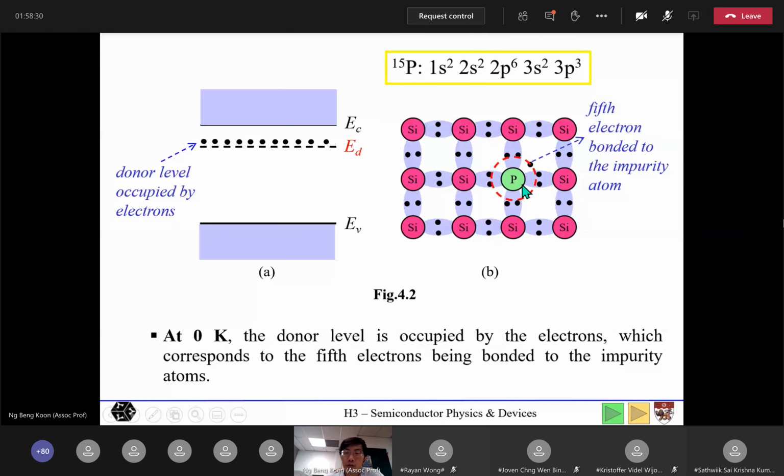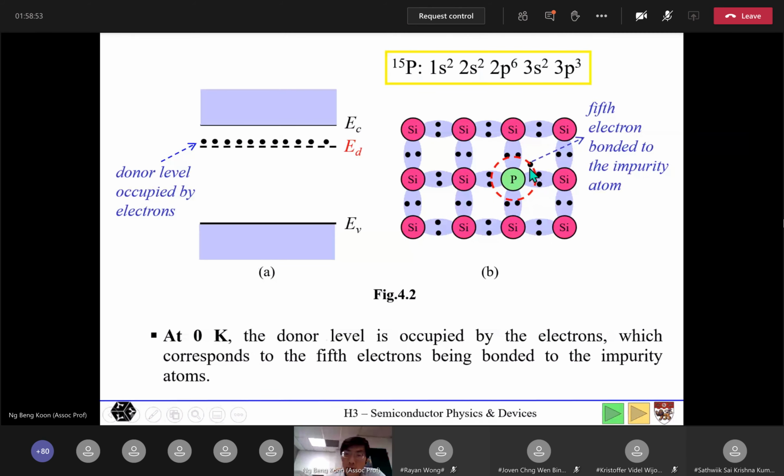Now, the phosphorus atom has 5 valence electrons, and in having this phosphorus atom in the crystal, 4 of the valence electrons will be used to complete the bonding with the neighboring silicon atoms. There are 4 required to bond with the neighboring silicon atoms.